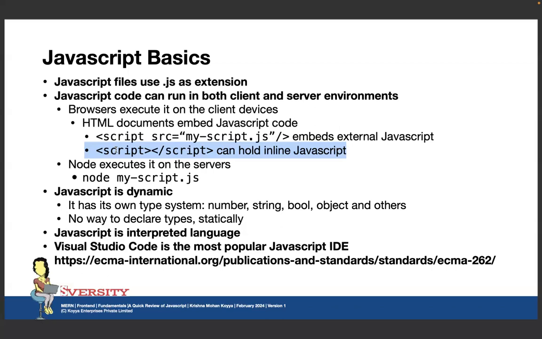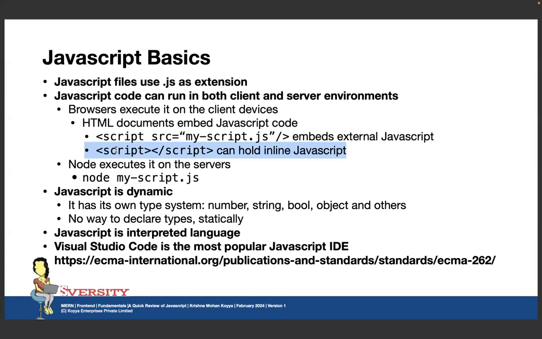Another important basic point of JavaScript is that it is a dynamic language. What does it mean? It is not a statically typed language, unlike what you see in C kind of languages. You never declare variables as if they belong to a certain type.